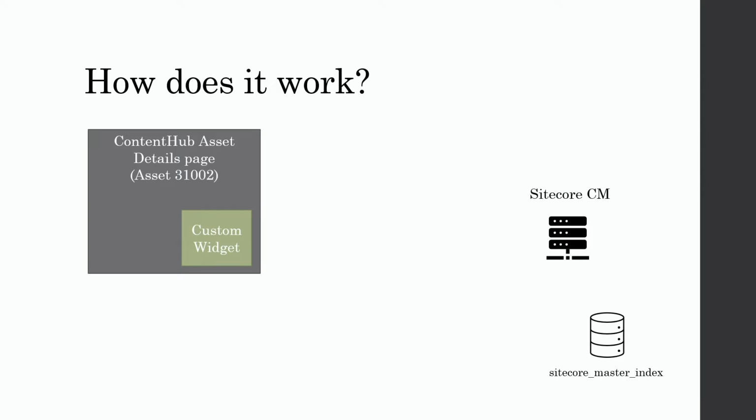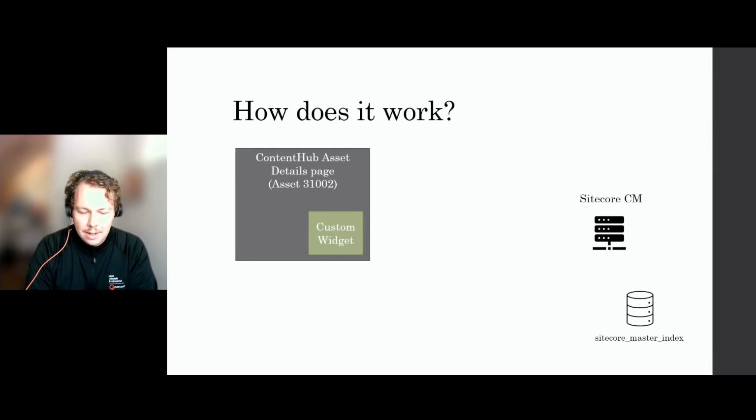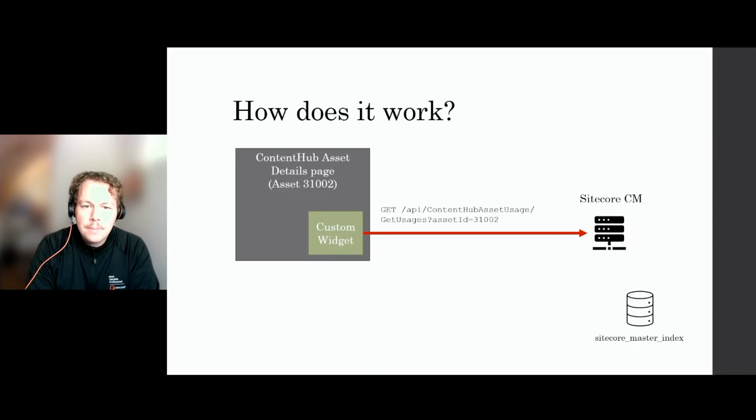So how does this work? It's a bit on the creative side, the way we implemented this widget. It is a widget, an external component, as it's called in Content Hub. This external component, built in JavaScript, calls the Sitecore CM and says, give me all references for asset 31002.